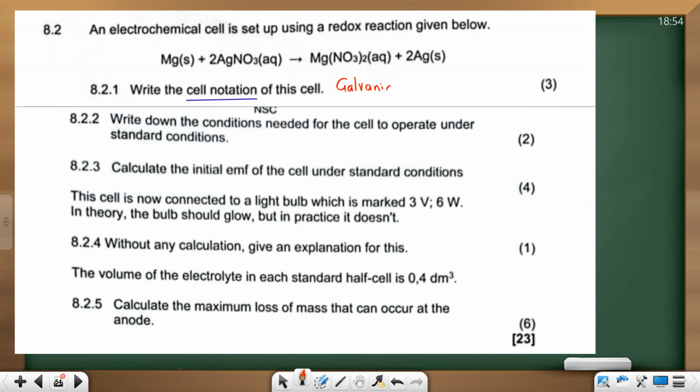How do we write our cell notation? Do you remember? It's as simple as A, B, and C. Please try. I want you to try to write that down. You do remember the cell notation, right?